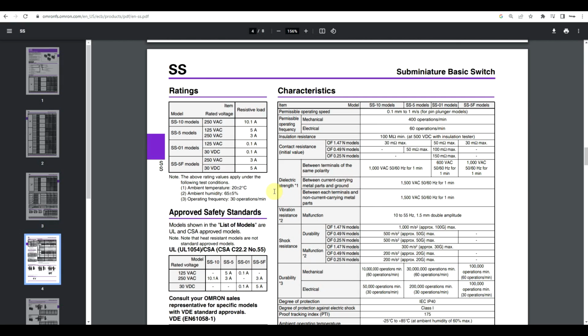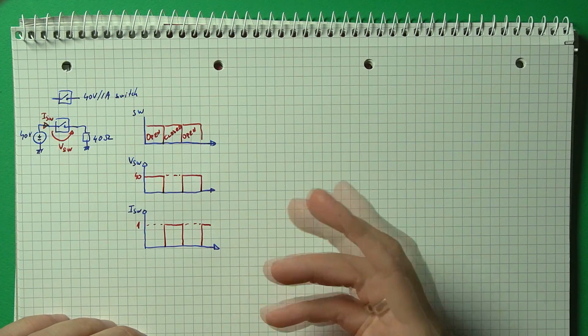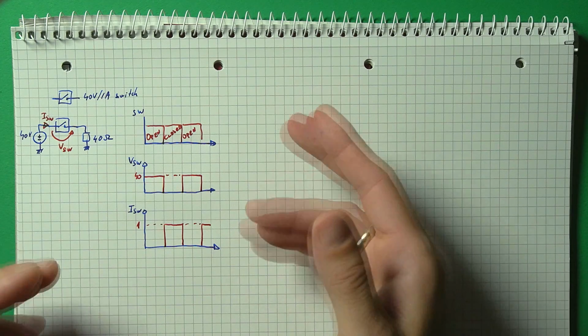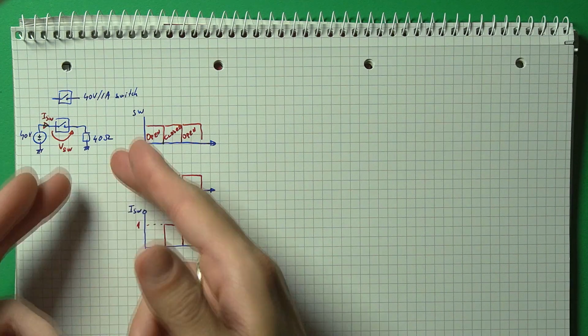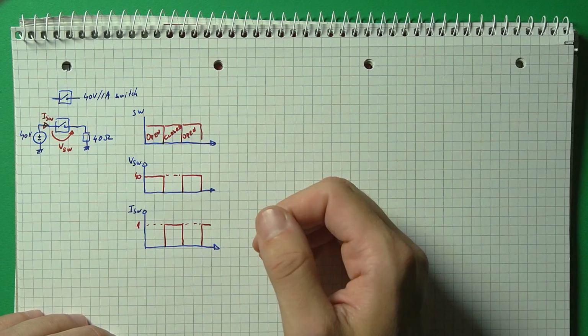So how can you unwillingly exceed these parameters? Well, it has to do with the load that the switch is driving. If we take a 40 volt 1 ampere rated switch, and we use a 40 volt supply and a 40 ohm load, the switch will never be out of its safe operating area.